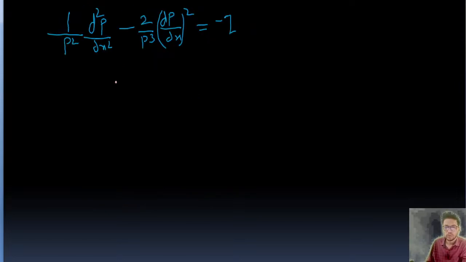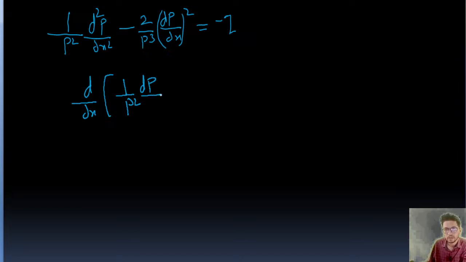Simple. So now we can write, this is the differentiation of, guys, this one, d upon dx into 1 upon p square dp upon dx, okay? So this is the differentiation of this type.